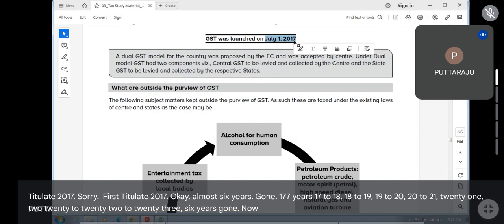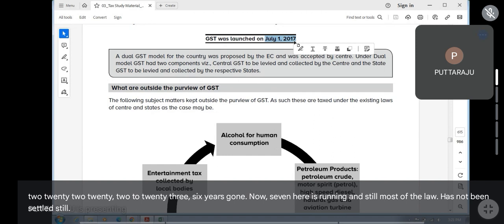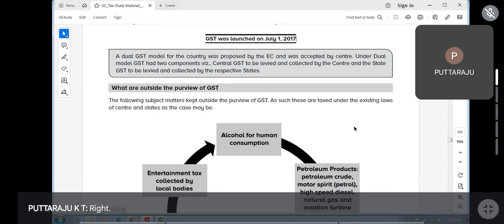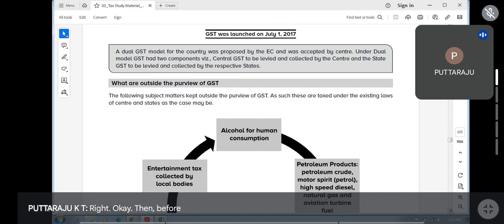Now the 7th year is running, and still most of the law has not been settled. Still many amendments will be happening.